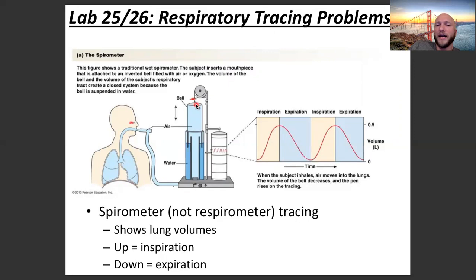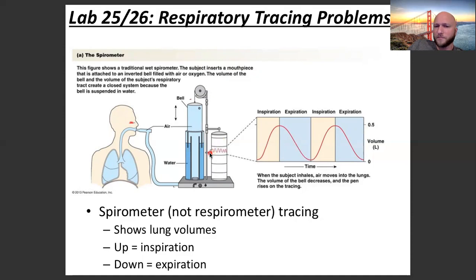This bell has a string on top of it connected to a pulley system. As the bell goes up, the string goes through the pulley, and the pulley is actually connected to a pen right here. This pen is drawing on this circular sheet of paper right here, and this circular sheet of paper is spinning.